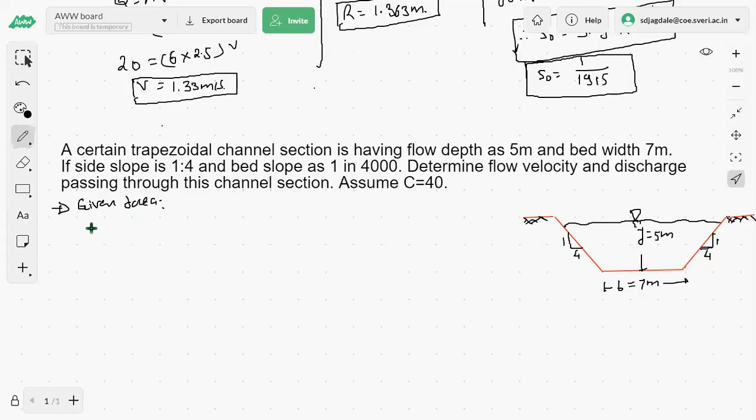In the given data, sequentially, depth of the flow y as 5 meters, then base width b as 7 meters. The side slope of the channel we called 1:z, do you remember? 1:z is given as 1:4. And the slope of the bed, that is S0, is 1/4000, and Chezy's constant C as 40. Okay, to calculate.